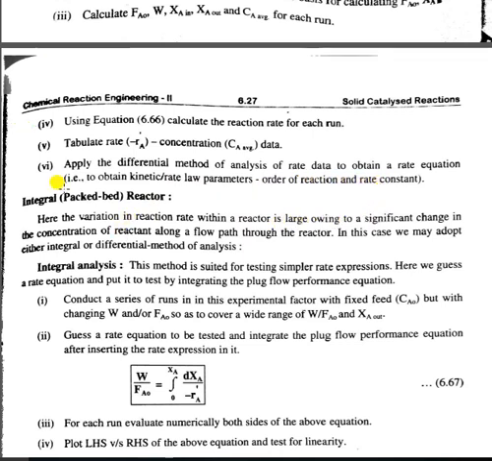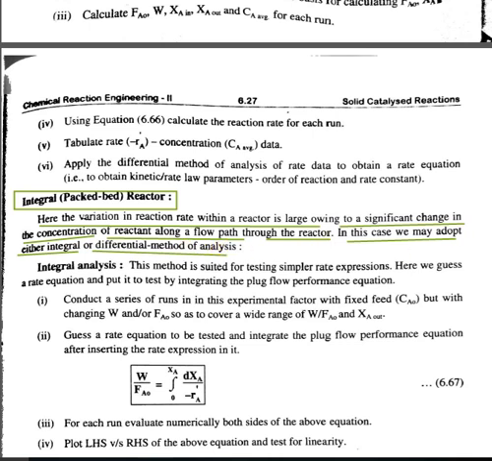Now the second type is the integral reactor, that means a packed bed reactor. Here the variation in reaction rate within the reactor is large owing to a significant change in the concentration of reactant along the flow path through the reactor. In this case, we may adopt either the integral or the differential method of analysis.